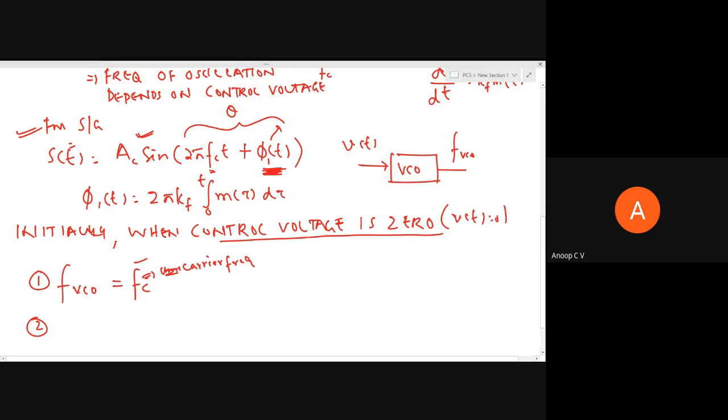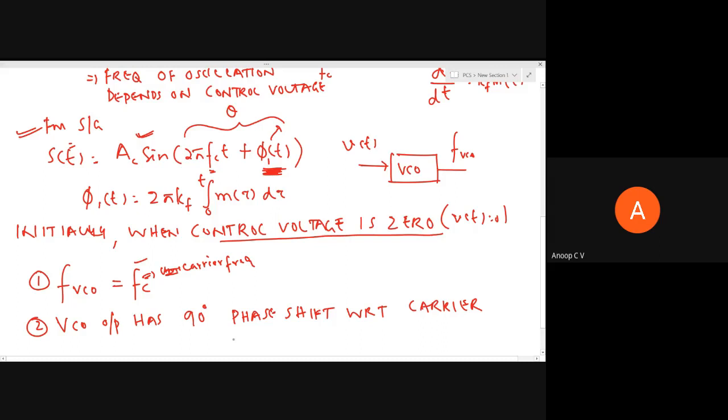So when V of t is equal to 0, control voltage is 0, the frequency of oscillation of the VCO should be equal to FC, and the VCO output has a 90-degree phase shift with respect to the carrier.